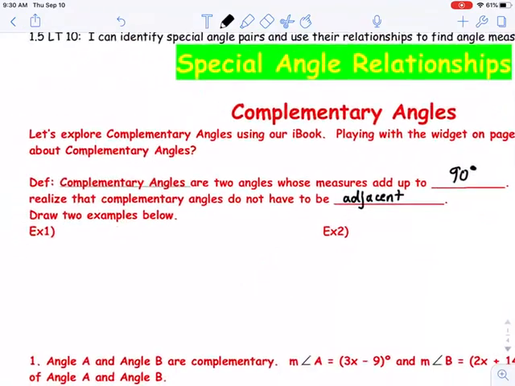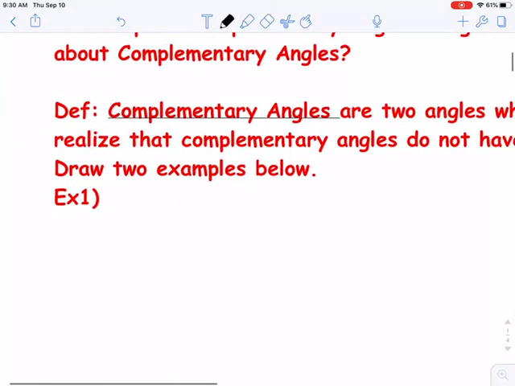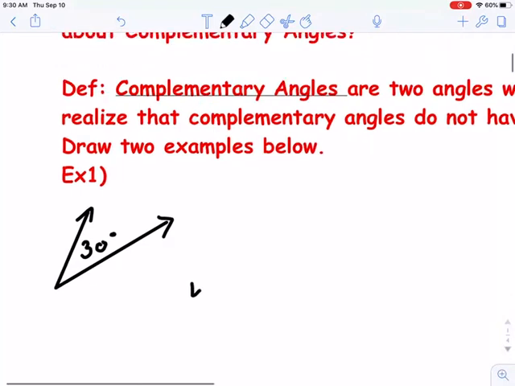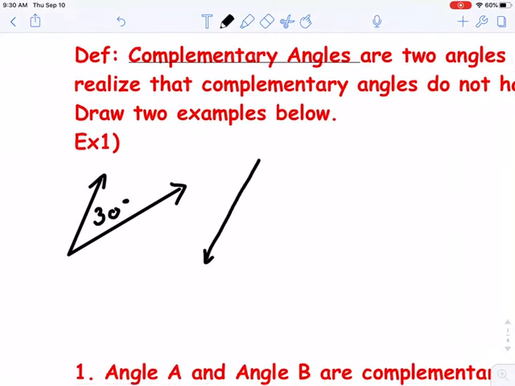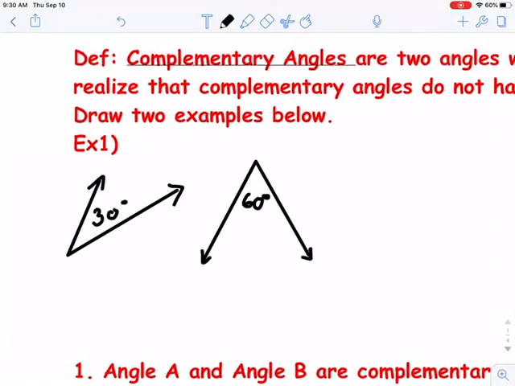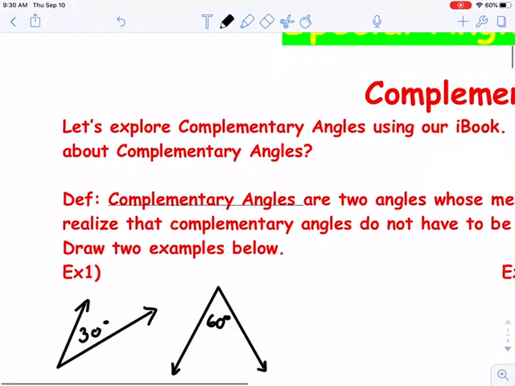Here is an example. I can just have some angle chilling over here. This is 30 degrees. And then this angle right here is 60 degrees. These are non-adjacent complementary angles.